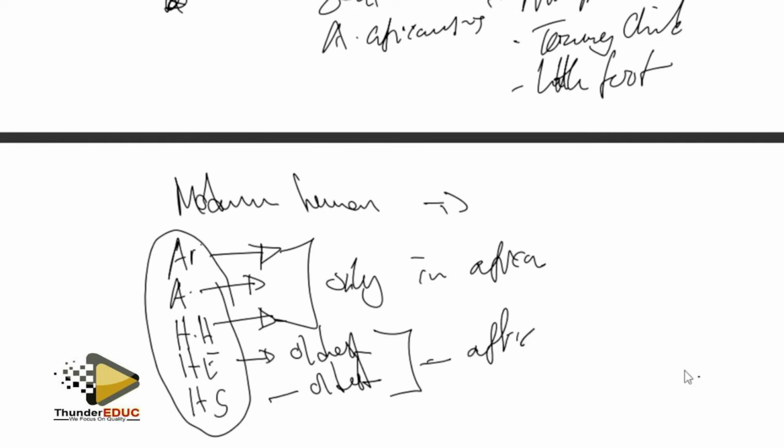I repeat: the fossils of Ardipithecus, Australopithecus, and Homo habilis were only discovered in Africa. For Homo erectus and Homo sapiens, the oldest fossils were discovered in Africa. That's how you're supposed to write the answer.